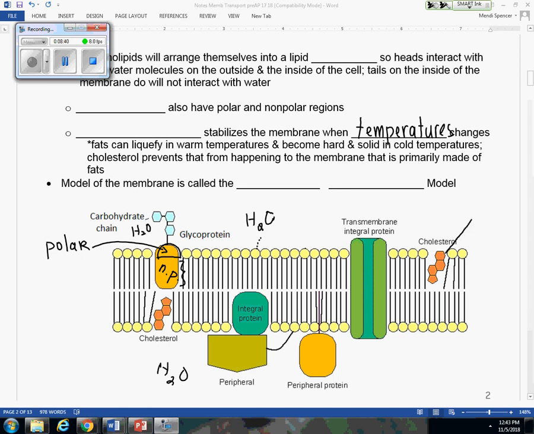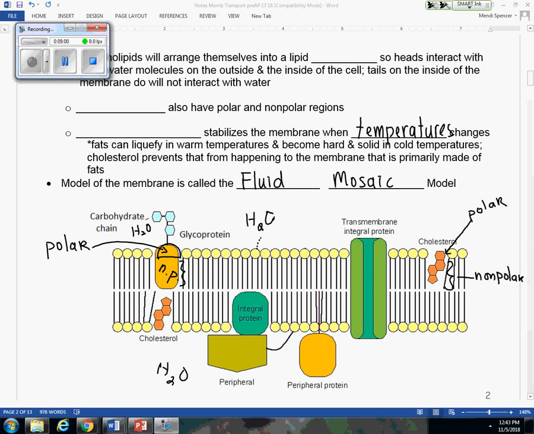This part up here is a polar part of the cholesterol molecule, where these parts down here would be nonpolar areas of that molecule. Now, how these molecules come together is a model that we call the fluid mosaic model.